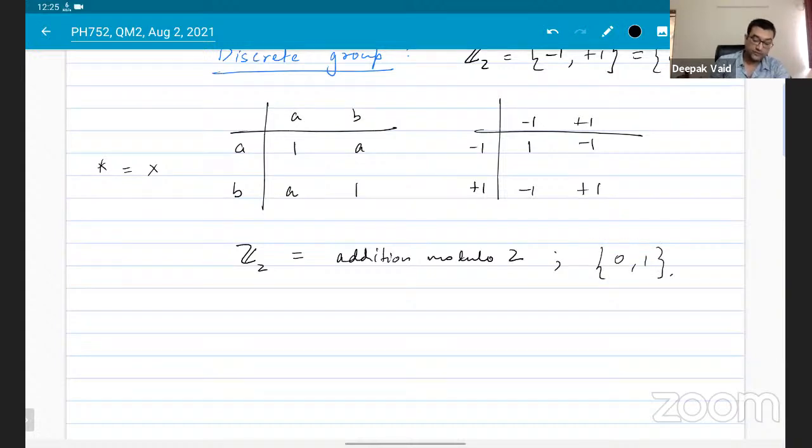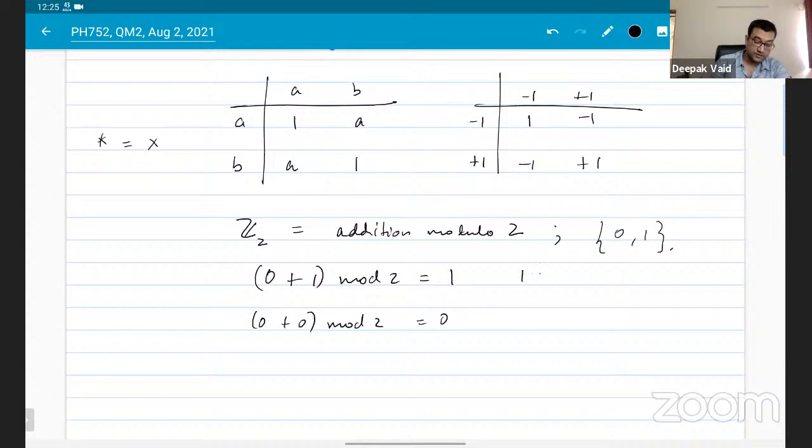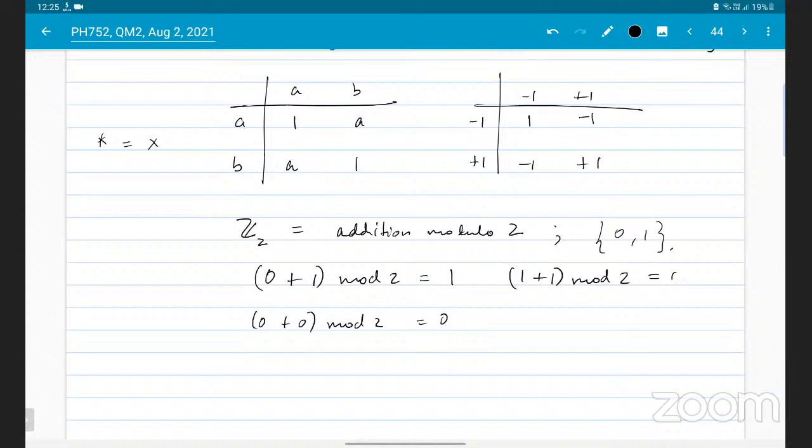So if you take 0 and 1 with addition mod 2, what do you get? 0 plus 1 mod 2 is 1. 0 plus 0 mod 2 is 0. 1 plus 1 mod 2 is what? Anybody? What is 2 mod 2? 0. Right.